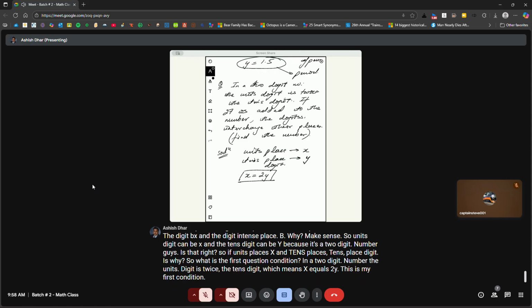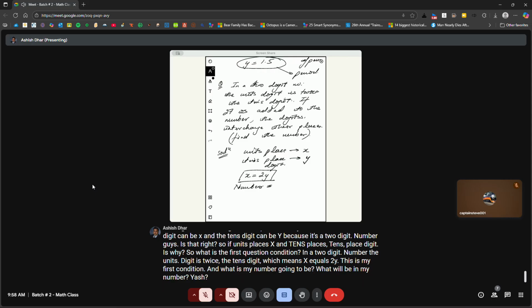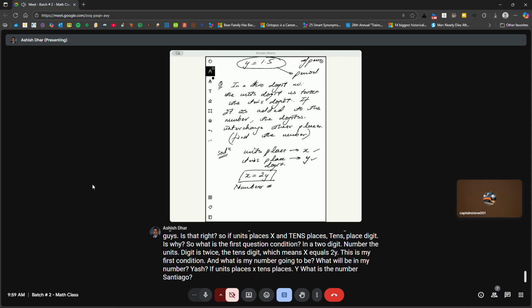This is my first condition. And what is my number going to be? If units place is X, tens place is Y, what is the number, Santiago? Or anyone?